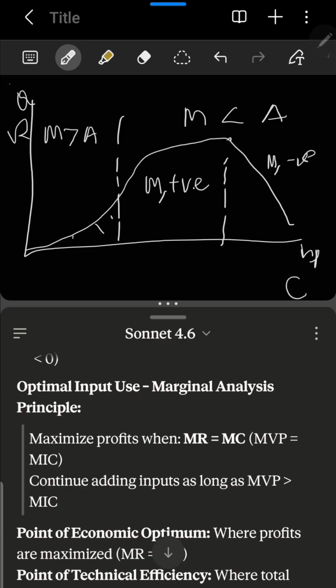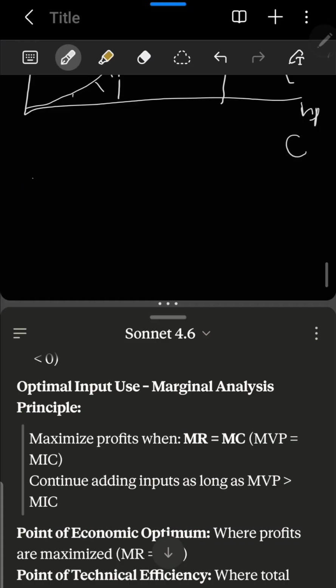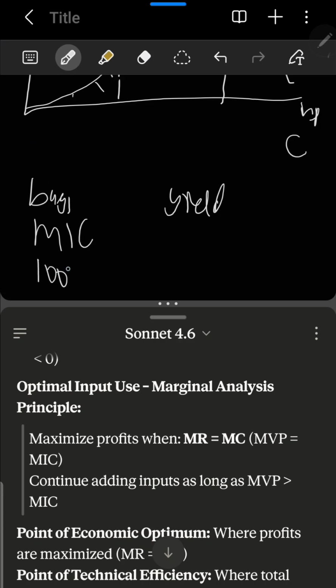This is the value of the additional product. Remember, at first we were talking in terms of bags of fertilizer and then yield. Now the marginal input cost: maybe 1 bag of fertilizer is 100k. Then the marginal value product: say the marginal physical product is 5 bags, and we know each bag is maybe 100k. So this is 500k.